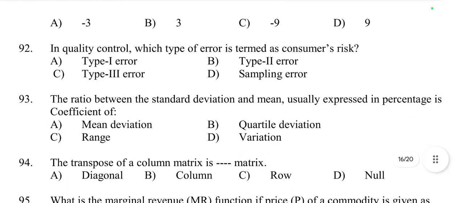Then come to question number 92. In quality control, which type of error is termed as consumer's risk? Type 1, type 2, type 3, sampling error. Consumer's risk is type 2 error, because in quality control, type 2 error, also called consumer risk, occurs when a defective product is incorrectly accepted as good.